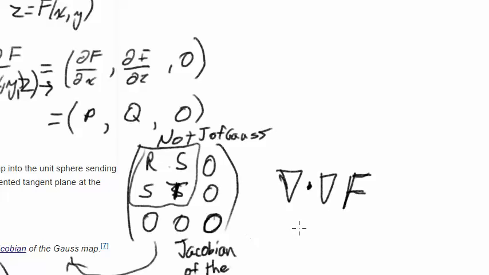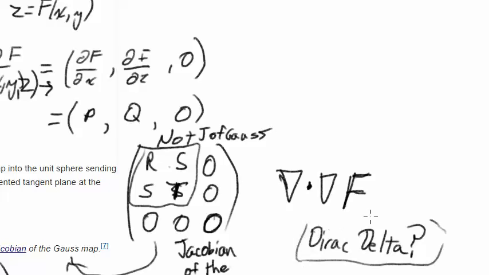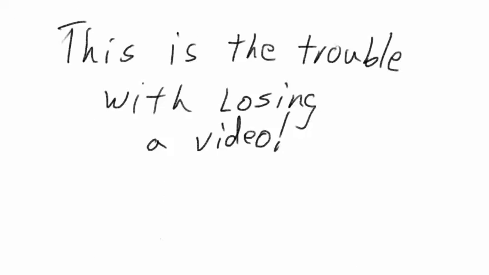So actually, it would kind of be described by a Dirac delta function in that form. And I'm going to put a question mark around that, because it would just be there at, no, it would be a height. Height. No, I don't know. This is the trouble with losing a video.